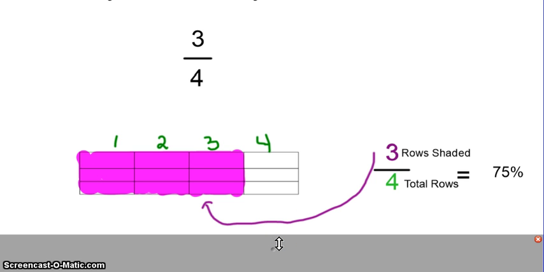And so we know that 3 goes on top, and the 4 total rows goes on the bottom. So we have 3 out of the 4 rows shaded in, and we know that that's 75%. That's like 3/4, 25 plus 25 plus 25 out of the 4 quarters, which would be $1. So we know that that's 75 over 100.